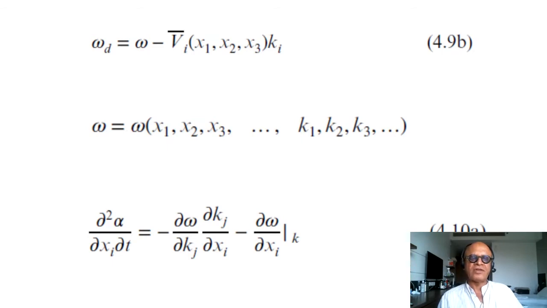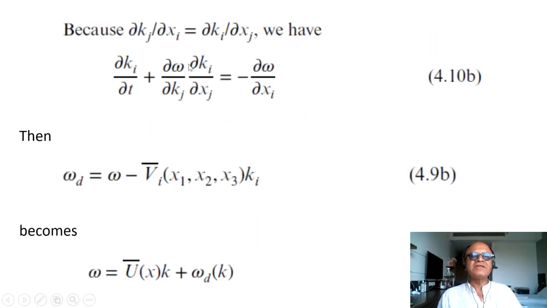So we can write that equation as ∂²α/∂xi∂t, which becomes, remembering the definition of alpha, minus ∂ω/∂kj ∂kj/∂xi minus ∂ω/∂xi, for wave number k, with all the other wave numbers held constant.